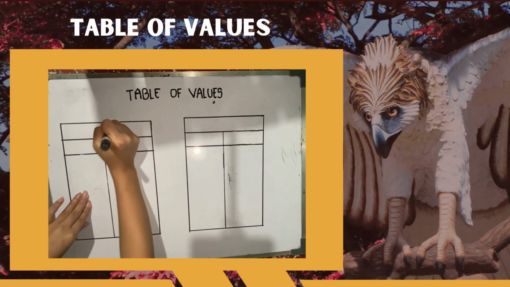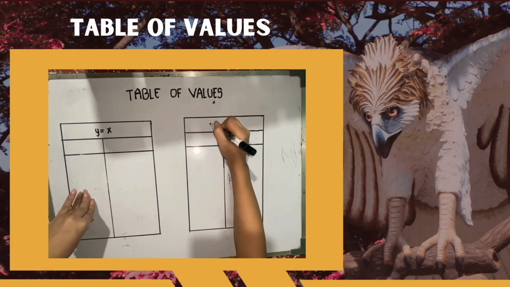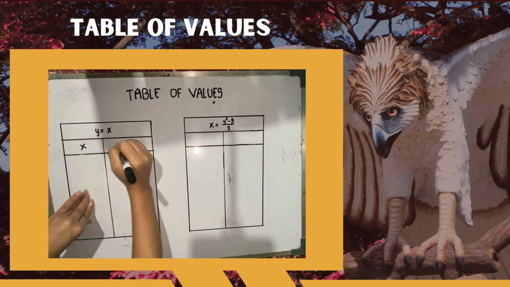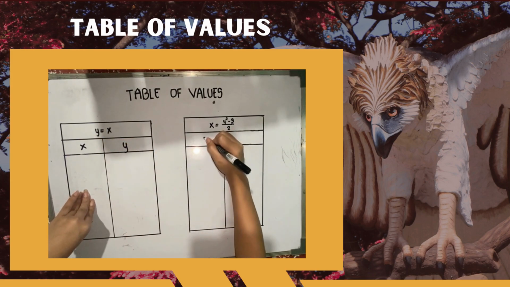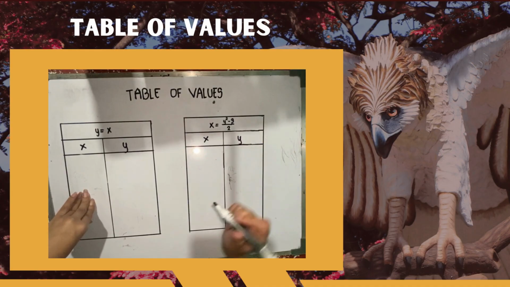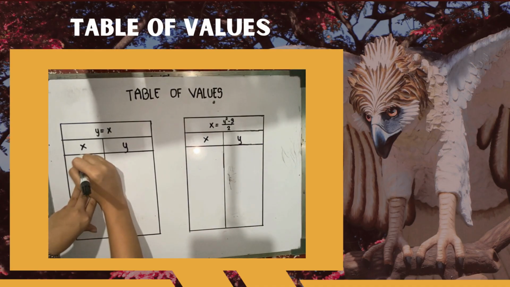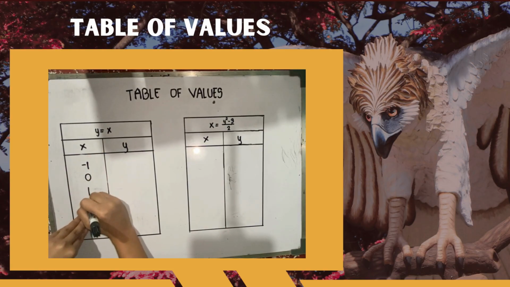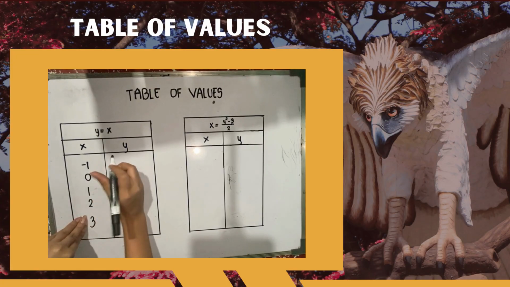For our table of values, we have first table y equals x, and our second table x equals y squared minus 3 all over 2. So our first table of x and y. For our x, negative 1, 0, 1, 2, and 3.